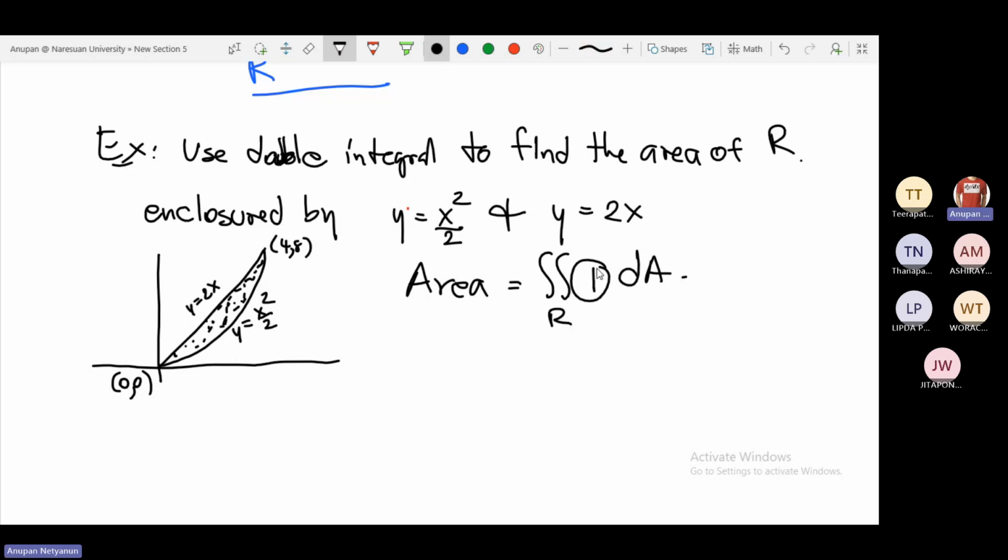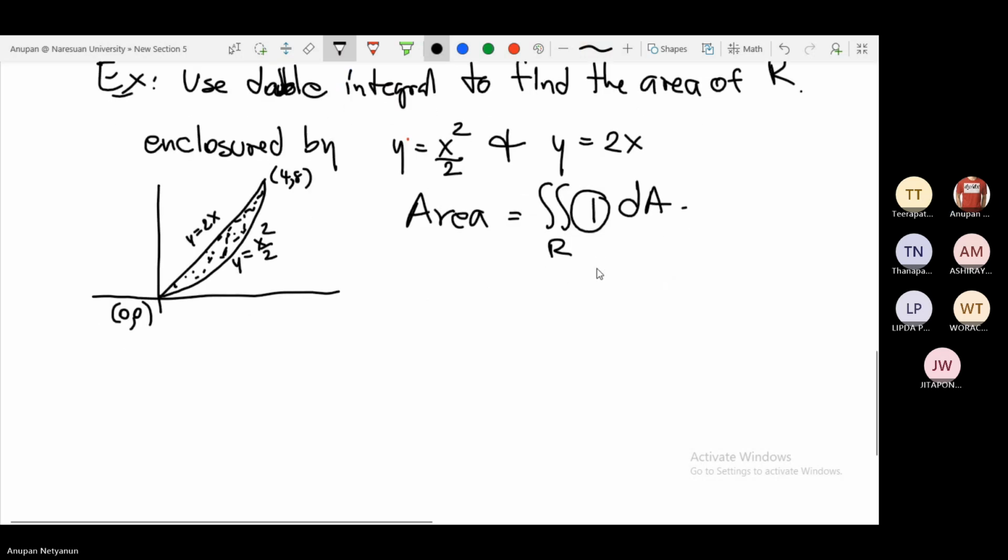This is 1, okay? Now, we are going to do the same process, right? I'm going to translate this. Since I decide to integrate with respect to y first, I have dy dx, okay? Since I'm doing integration with respect to y first, your x is constant.